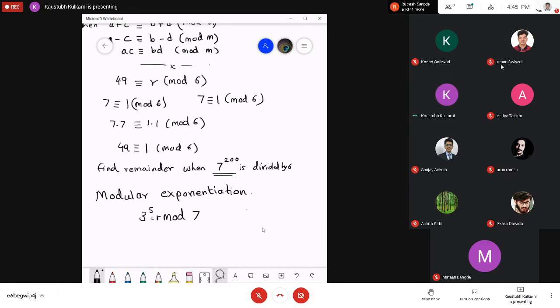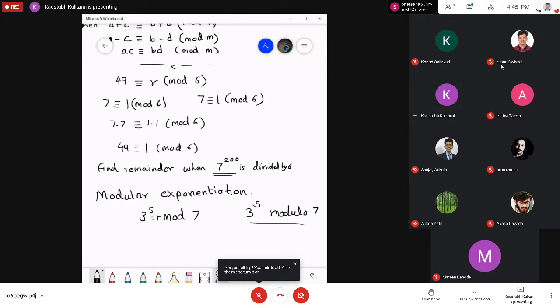Okay, in literature or anywhere, it is also commonly known as find 3 raised to 5 modulo, or find the congruence of 3 raised to 5 modulo 7. Directly you can write it in this way as well. Okay.